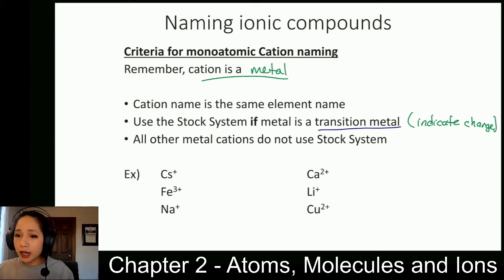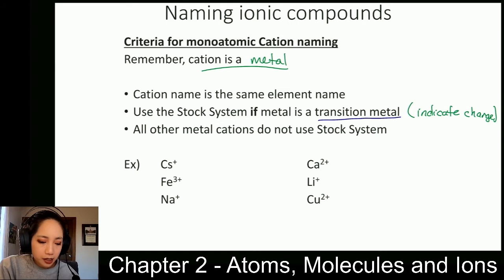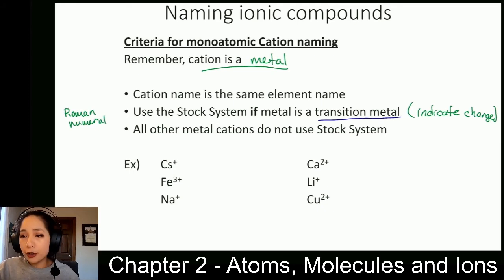But for transition metals, predicting charges is harder, and you can't predict it. So you typically have to indicate the actual charge of those transition metals in the name, because you can't predict the charge. By stock system, we're using Roman numerals here. The Roman numeral will be equal to that positive charge. And all other metal cations where you can predict the charge don't use the stock system.